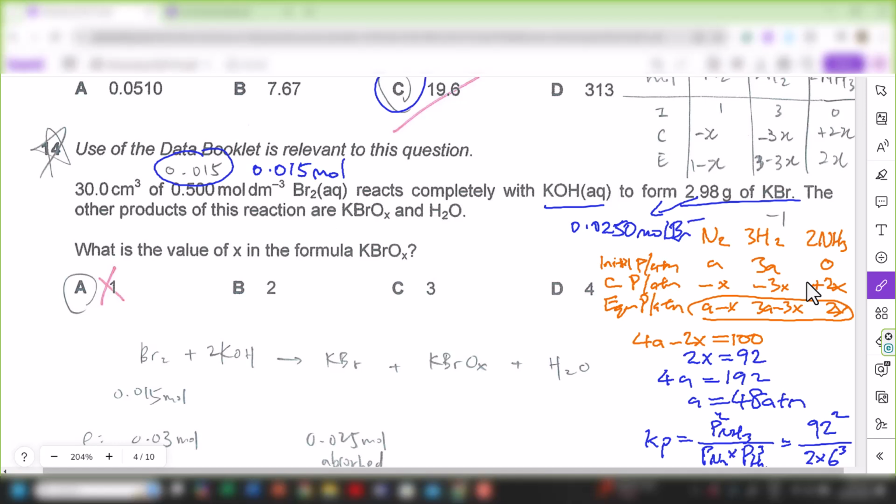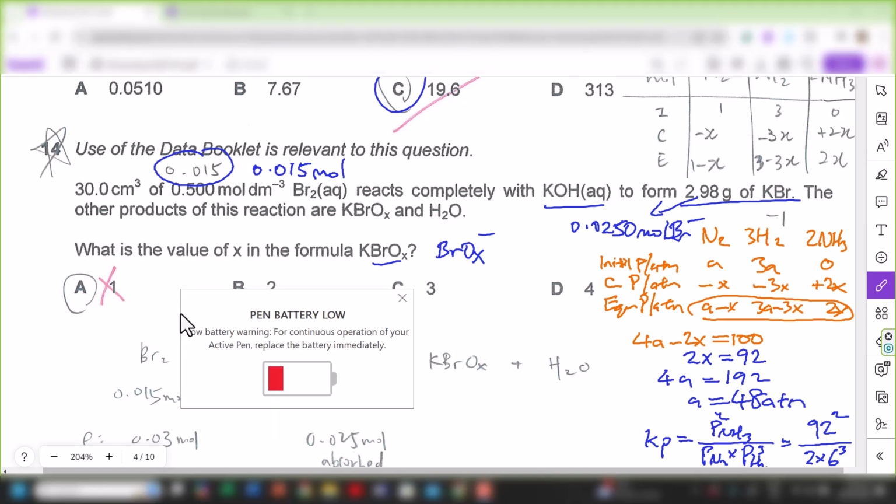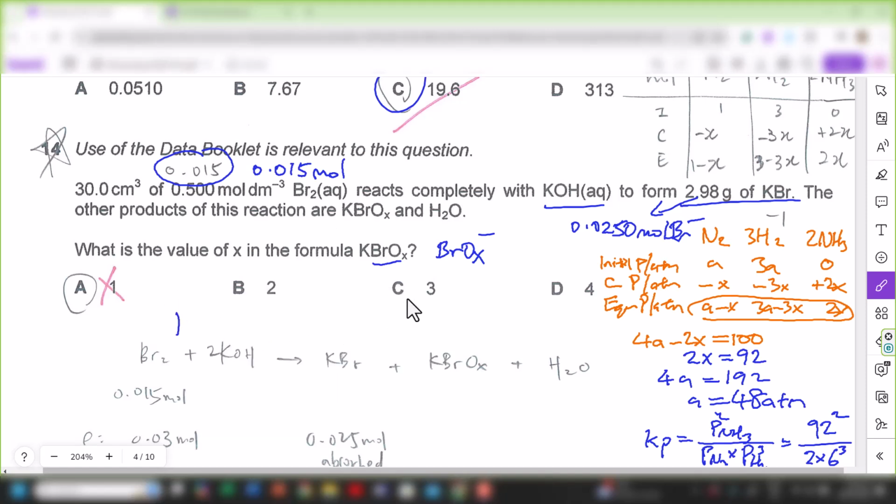The question asks you what is the value of X in the formula. In this case, the charge should be BrOX minus. Then I'm going to write out the unbalanced equation. So that will be Br2, and then I'm going to leave a bit of space.